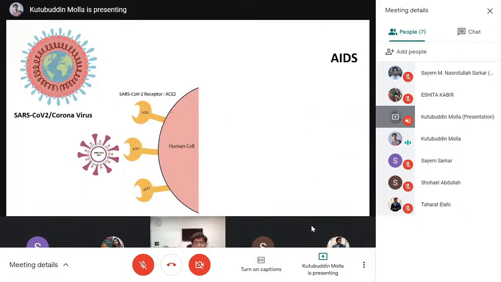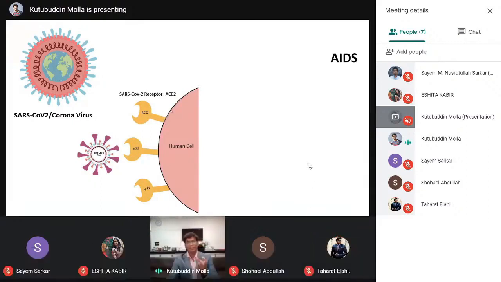Our human cell membrane has a protein called the ACE2 protein, a receptor protein. The virus comes and binds to this receptor protein and uses it to enter our own cell. So they use a human protein to enter the human cell and then destroy it, infect the human organs, and ultimately it could be lethal.